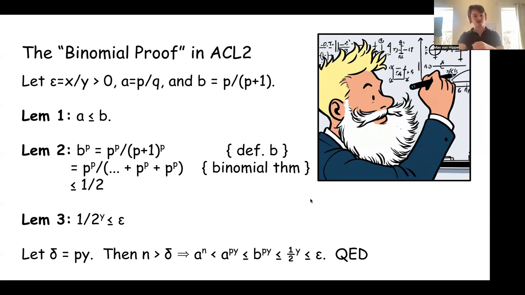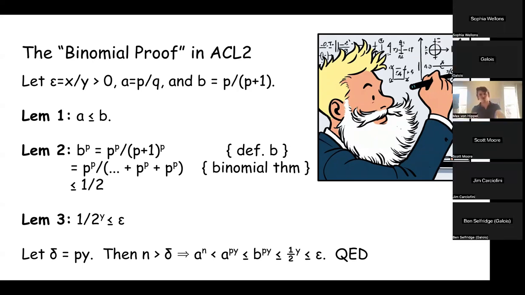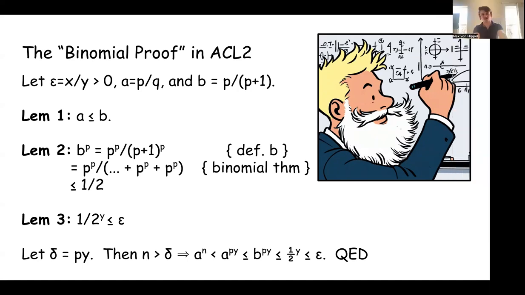So first of all, I can prove that a is less than or equal to b. This statement is very intuitive. It's essentially like saying that 3/4 is greater than or equal to 1/4, for example. So that's a very intuitive statement.